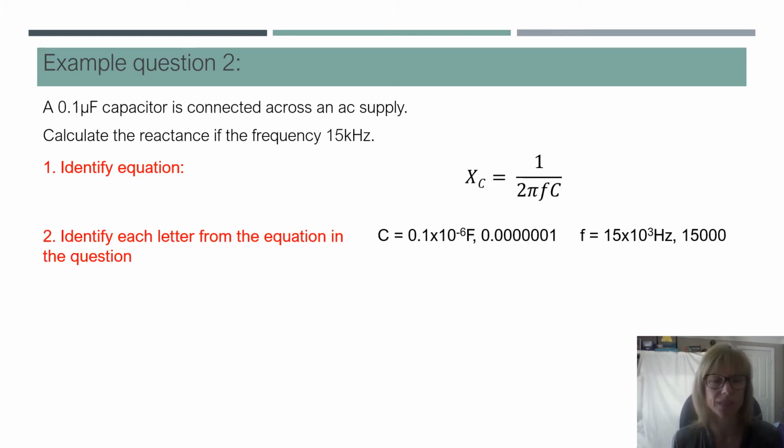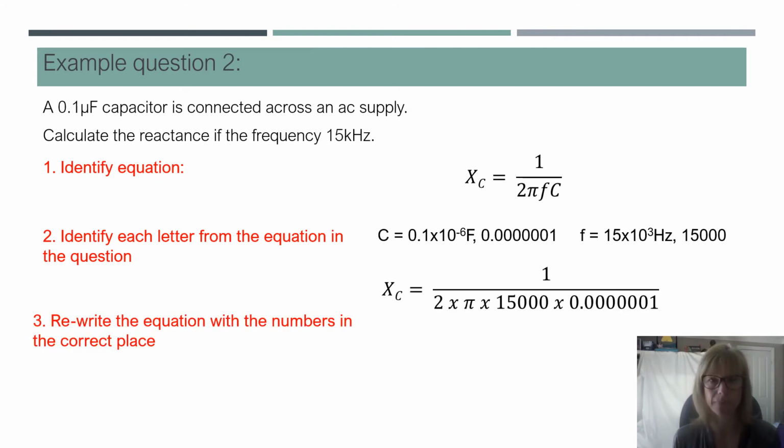Step 2, identify each letter from the equation. So we've got our capacitance was 0.1 microfarads times 10 to the minus 6, which is the same as this number. Okay, that's what that means. And our frequency is 15 kilohertz. Kilo is 10 to the 3, and so that's equivalent to that number there.